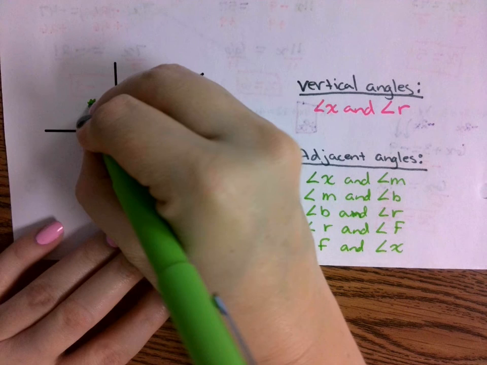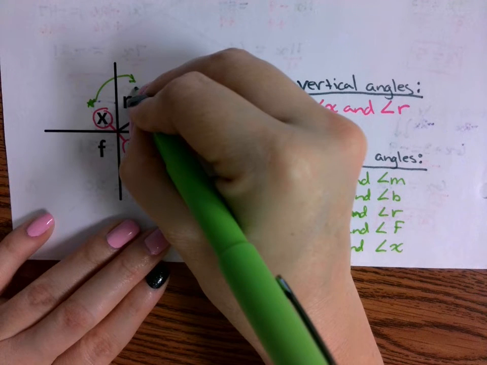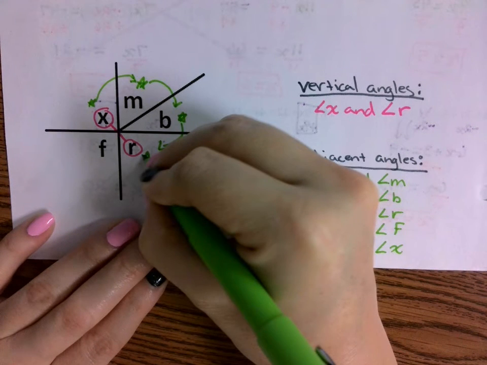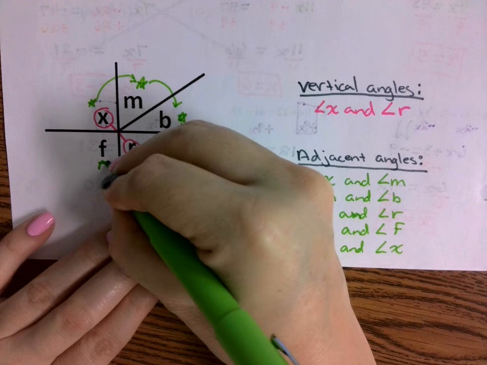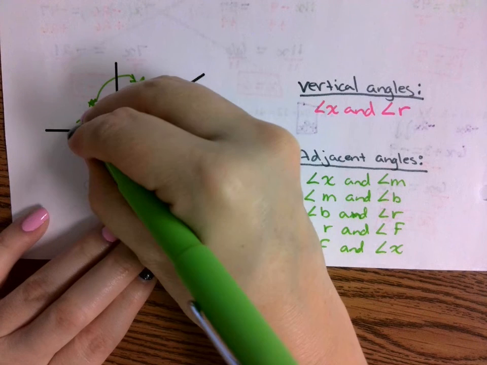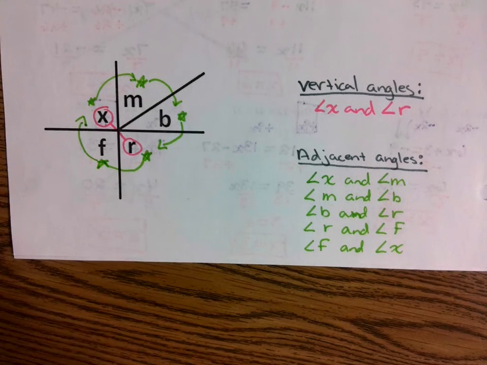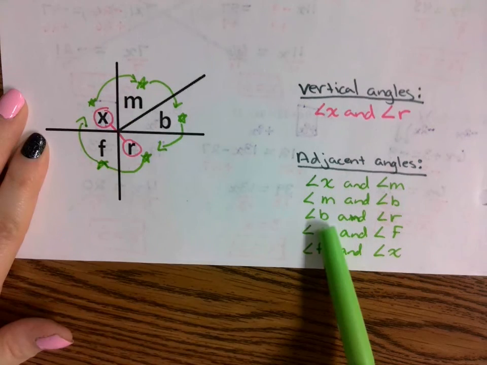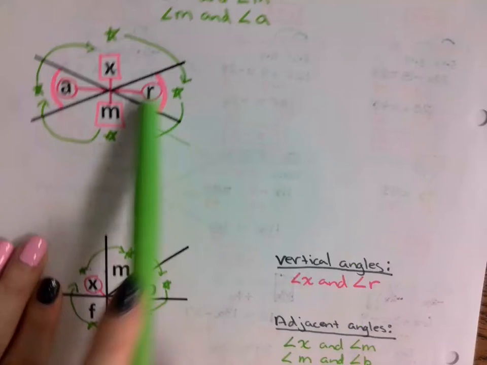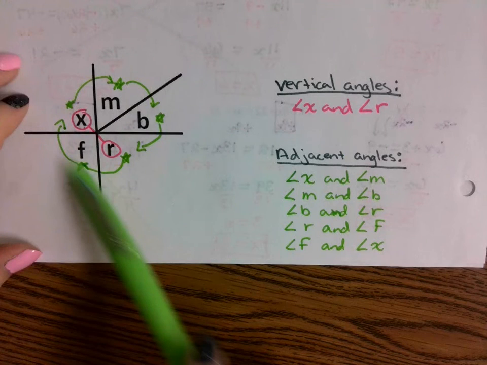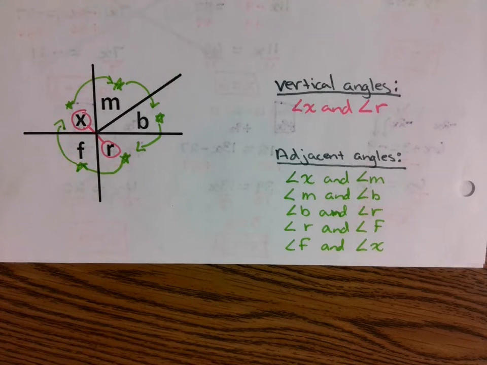It wraps its way around to each of those relationships. Now, if you notice, however many angles you have is the same number of adjacent relationships, isn't it? We've got 5 angles, we've got 5 relationships. In the first one, we had 4 angles, we had 4 adjacent relationships. So the number of angles in the diagram is the number of adjacent relationships you will have. Okay?